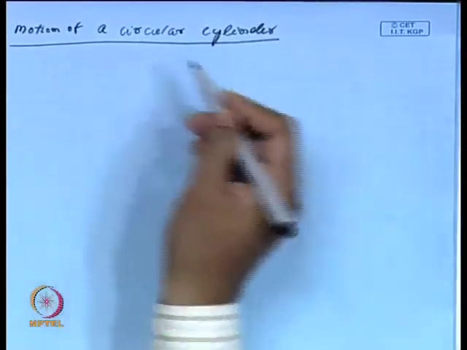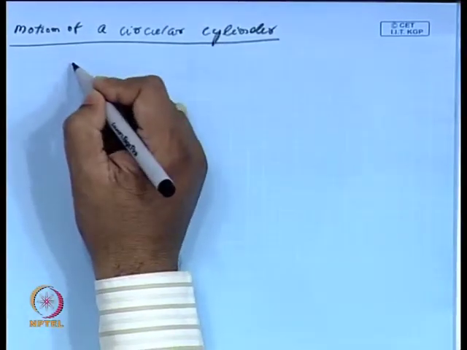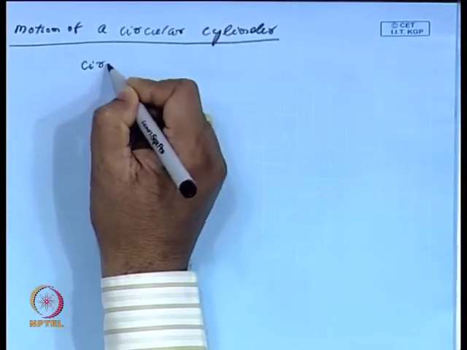So, here what we want to study is, suppose I have a circular cylinder of radius a.